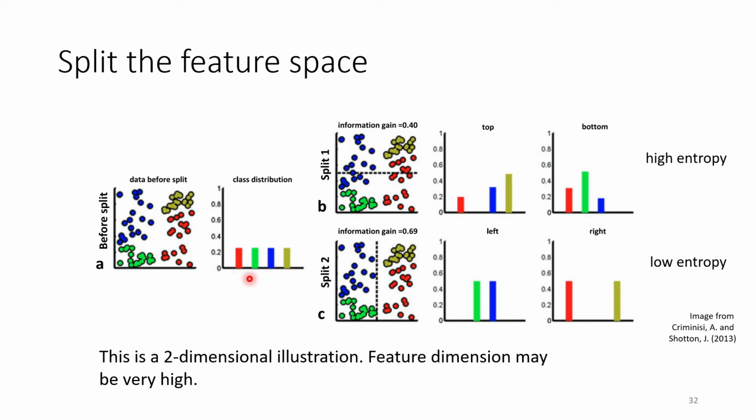For the split, we are going to find a value along the vertical axis, because there are two axes. Suppose this is x and y. We find a split value of y so that it splits the data points into two parts. The top part will have this probability distribution because there are no red dots here, and the bottom part will have this probability distribution because there is no yellow dot here.